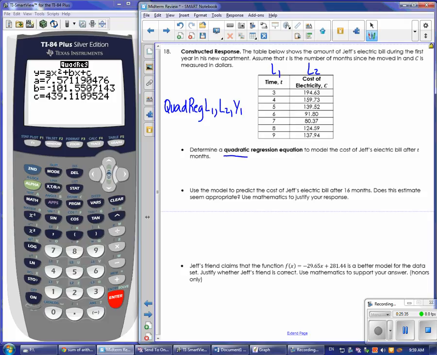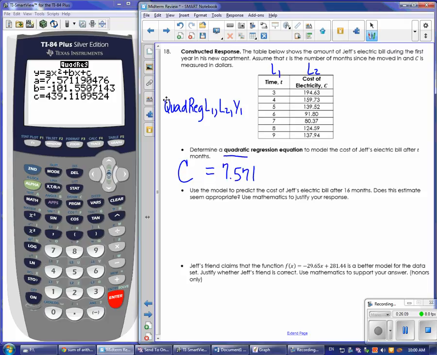All right, so the quadratic regression equation, you can see that the calculator produces this in standard form. You want to make sure that you write at least 3 decimal places when you write the equation, and you want to make sure that you're writing the equation in standard form. Don't just copy the screen. We want to write it as an equation. So y equals, and actually in this case, we're told instead of using x and y that we're going to be using t and c. So to be consistent, we should call our equation C equals, and then my A value is going to be 7.571.